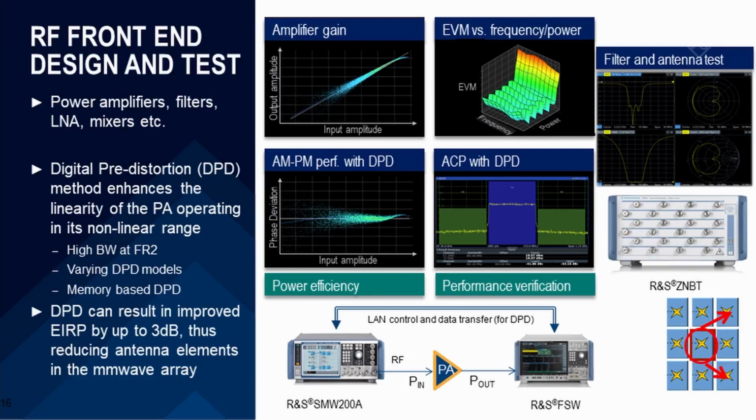Without the multi-port network analyzer, you use a single port to stimulate one antenna element and then measure the mutual coupling, compared to stimulating all the antenna elements and then measuring the mutual coupling. This makes a lot of difference in the performance. This is possible with the ZNBT, and it can also be used for filter measurements and antenna measurements.